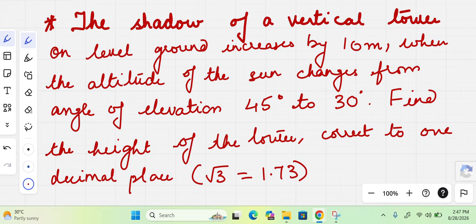Ma'am, what is the height of the tower? Correct to one decimal place. Okay, ma'am.